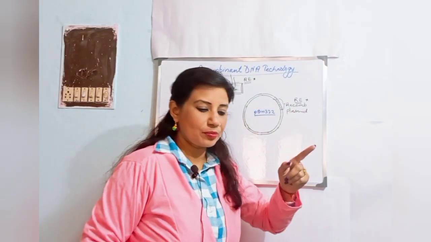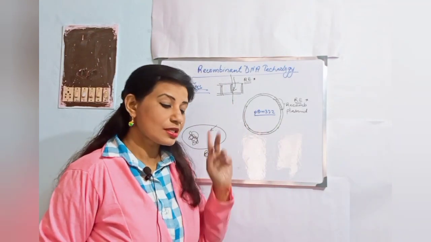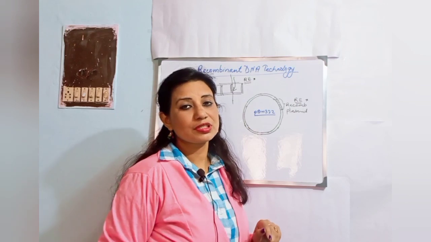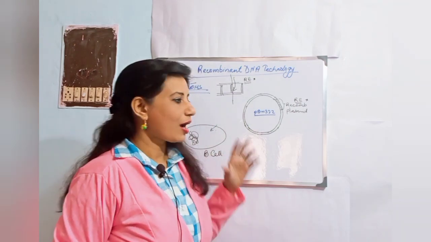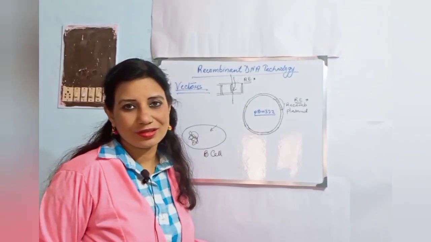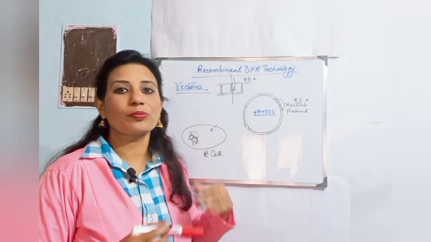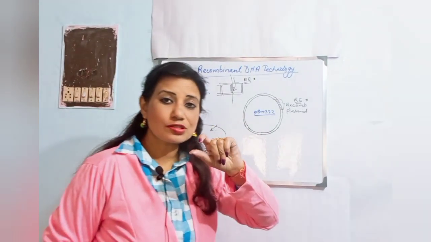Now the next property. One is that the restriction enzyme has cleaved. The second, very important property is that it must have an origin of replication. I must have my target gene introduced into the vector, and it should be able to make copies, that is, replication.